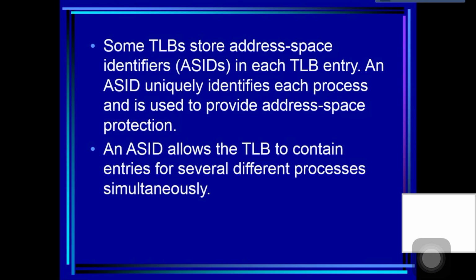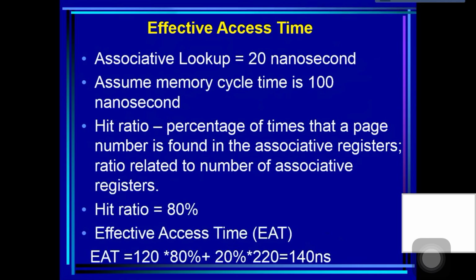The percentage of times that the page number of interest is found in the TLB is called the hit ratio. An 80% hit ratio, for example, means that we find the desired page number in the TLB 80% of the time.